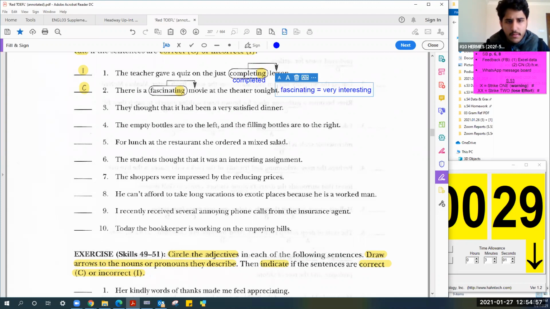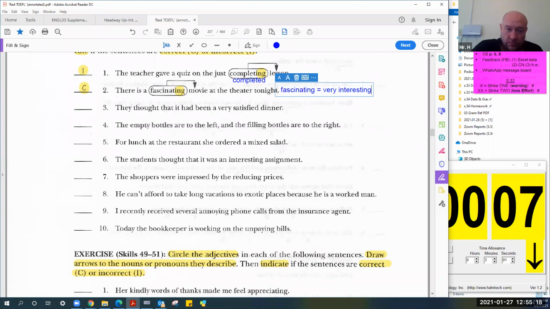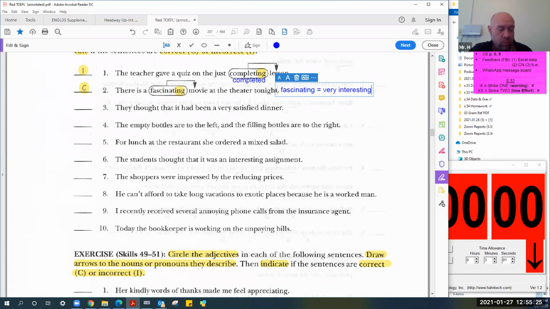Thirty seconds. Fifteen seconds. Time is up.